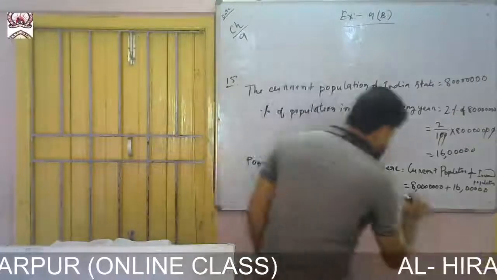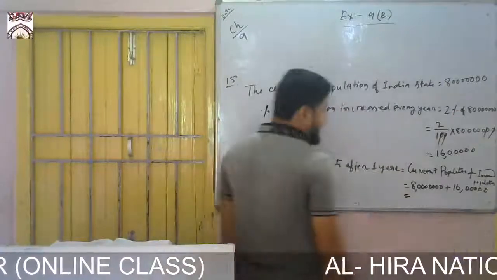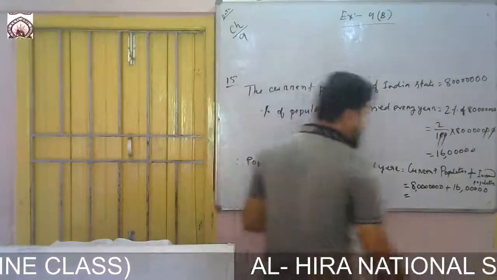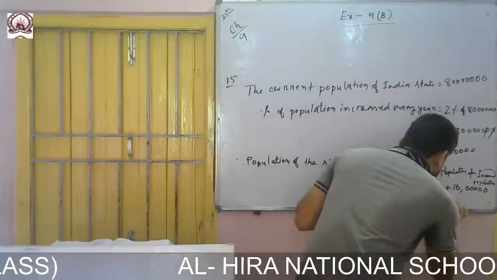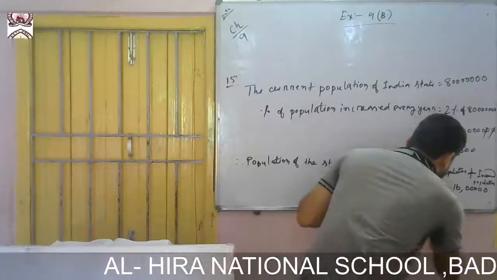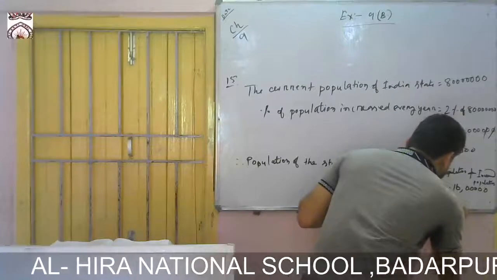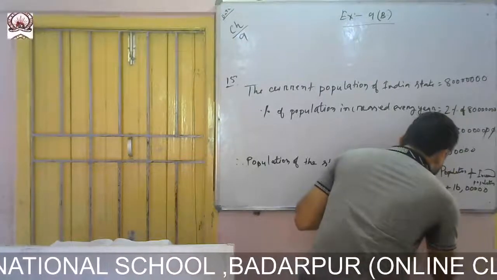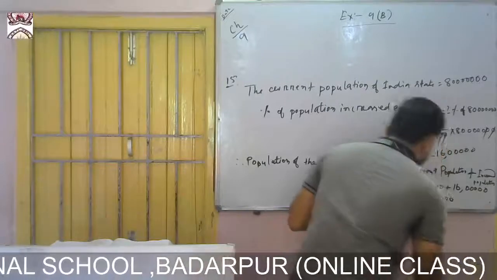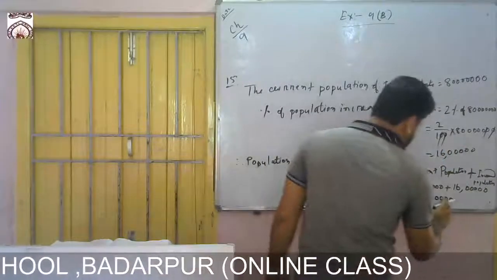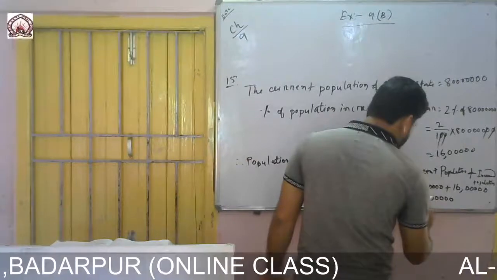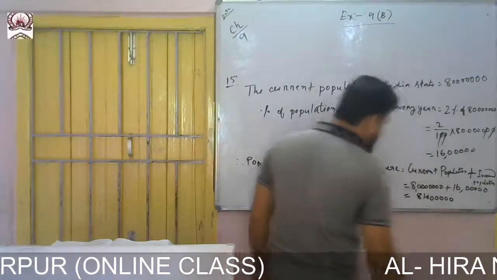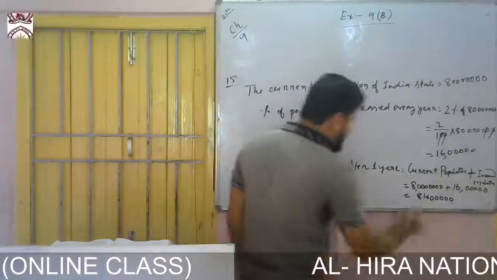So I can write like this. If I add, then 8 crore 16 lakh. So you see, it is 8 crore 16 lakhs. Okay.